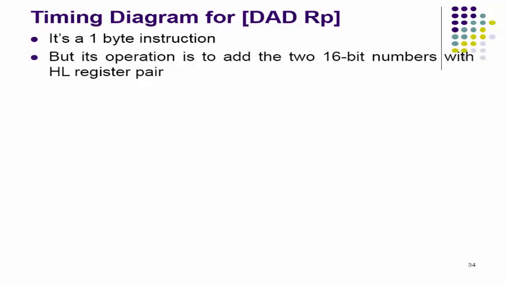The size of the instruction is 1 byte, but its operation is to add two 16-bit numbers, HL plus the specified register pair.